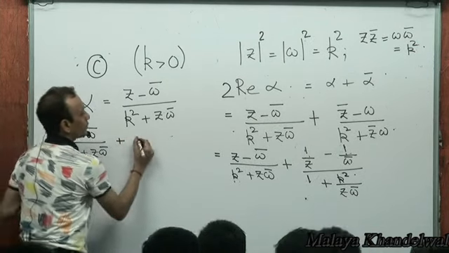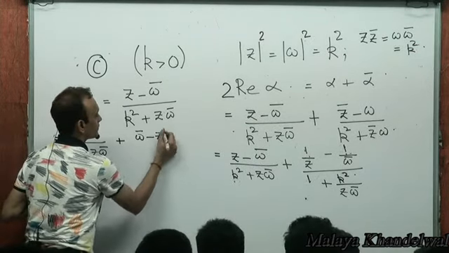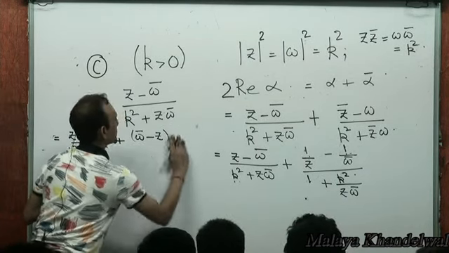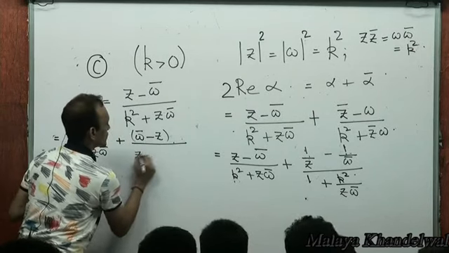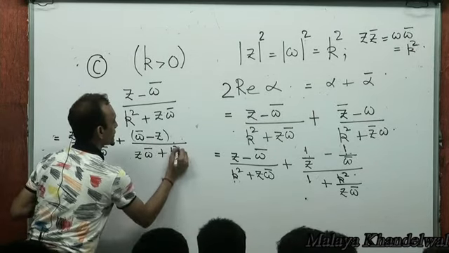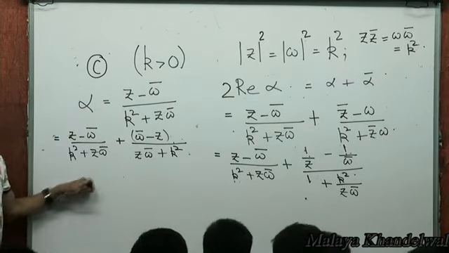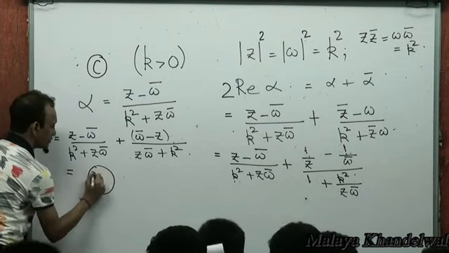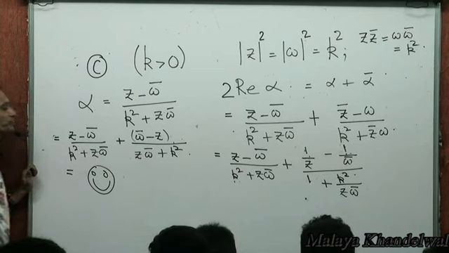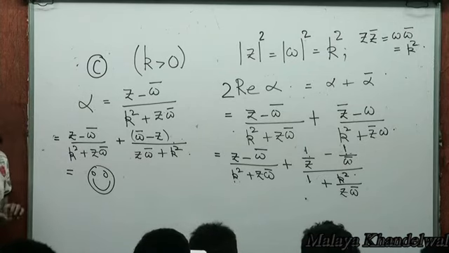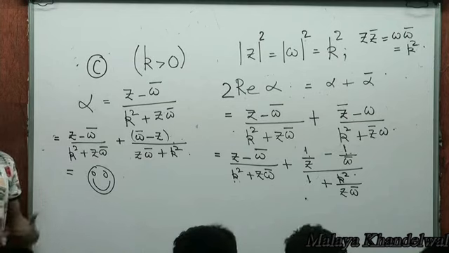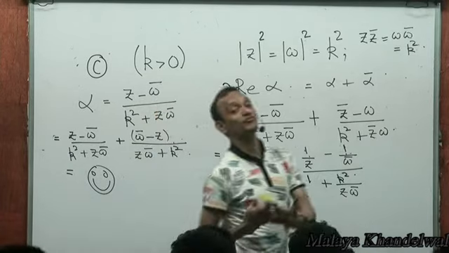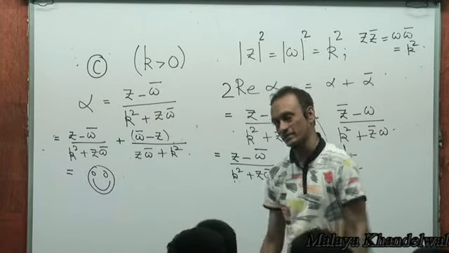So then this would be omega bar minus z divided by z omega bar, or rather let me place it there right away, z omega bar plus k squared. 0. Then you are a hero. So real alpha is 0. So alpha must be purely imaginary. Argument of alpha could be plus pi by 2 or minus pi by 2.